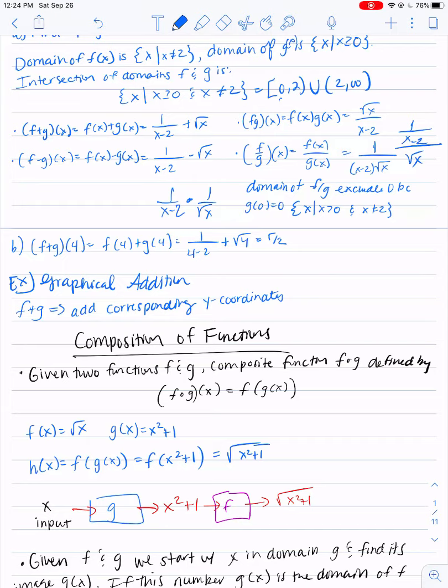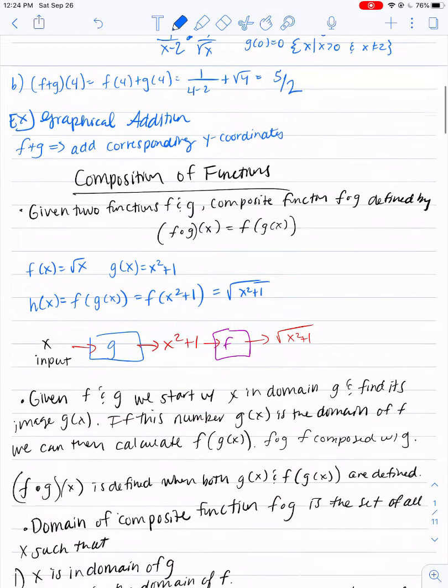So we have 1 over 4 minus 2 plus square root of 4, and if we evaluate that, we have 1/2. Oh, sorry, not 1/2. We have 5 over 2.